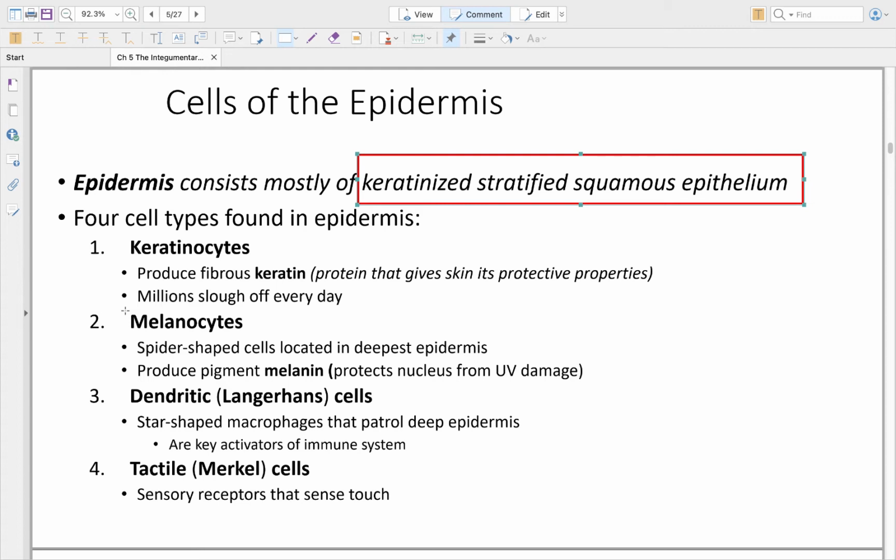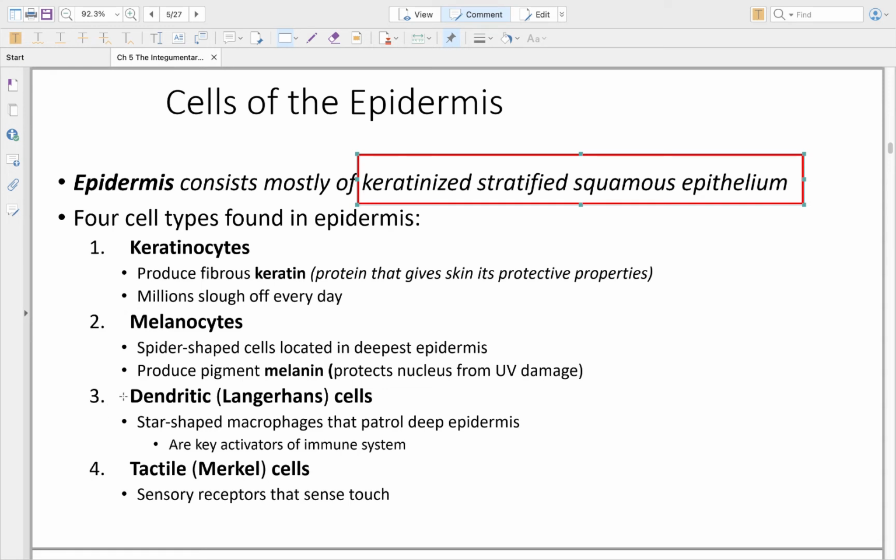The more melanin the skin has, or the more pigment, the less likely the individual is to get cancer. So you can look at it this way: the darker the skin, the less likely it is for them, or for us, to get skin cancer, depending on how much melanin we have. All right, so that's an important factor.